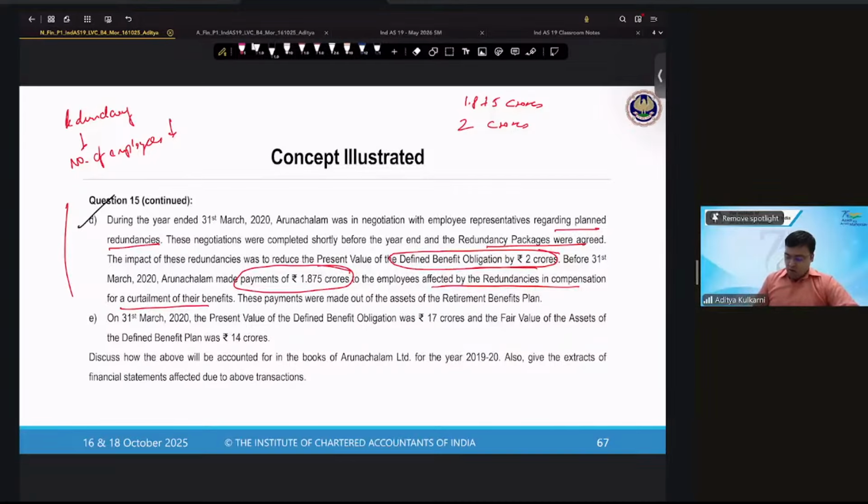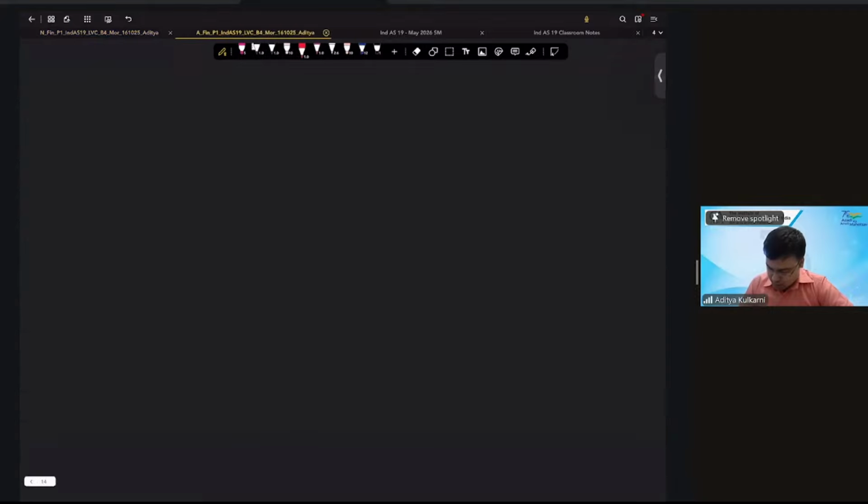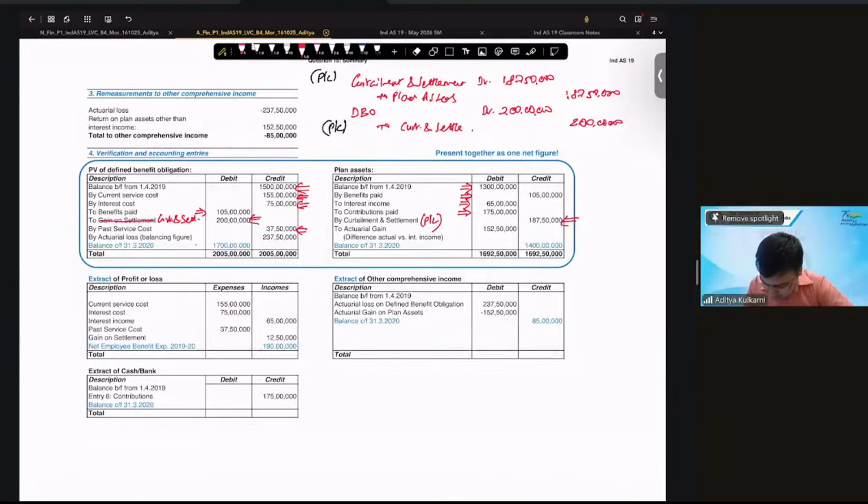On 31st March 2020, the present value of DBO was 17 crores and the plan assets were 14 crores. So the closing balance here is 17 crores. Here the closing balance is 14 crores. So this is your balancing figure.